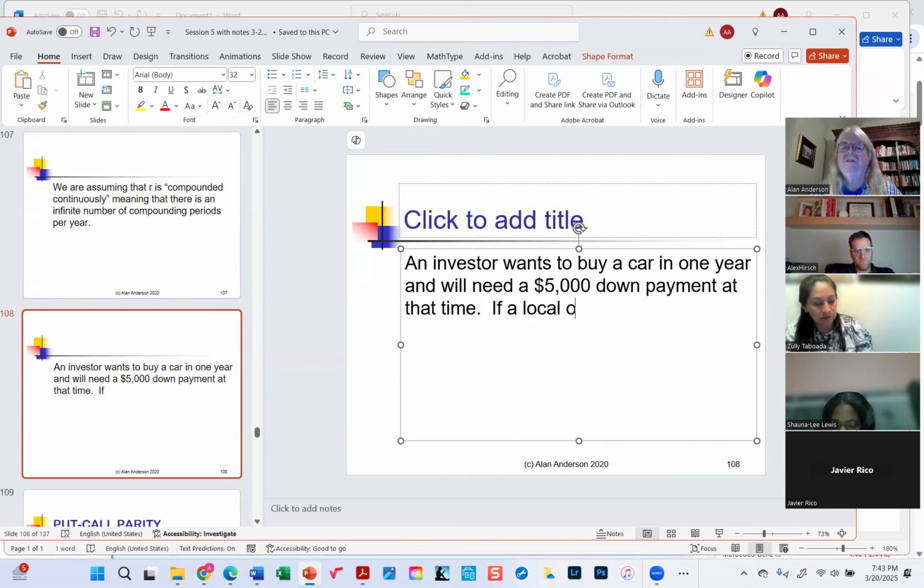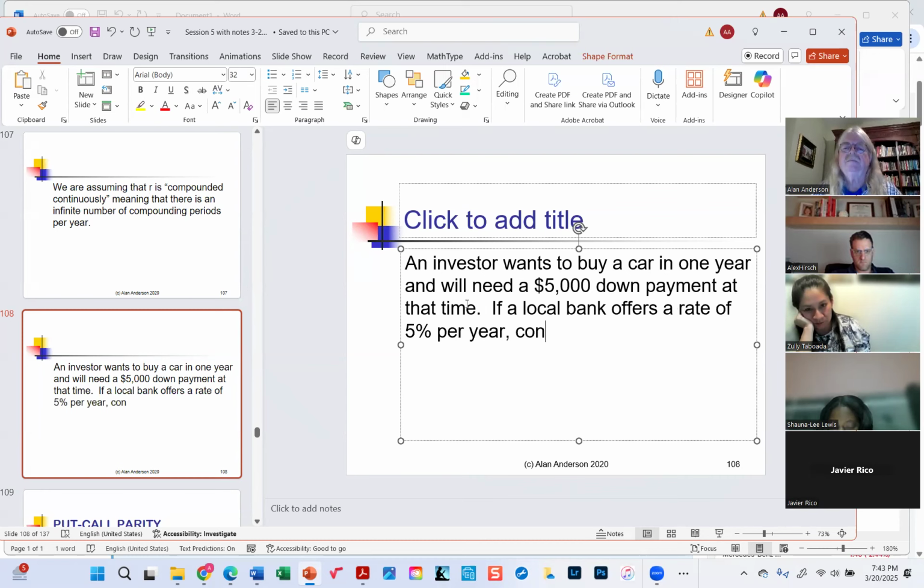If a local bank offers a rate of, let's say, 5% per year, compounded continuously, how much must he save today?